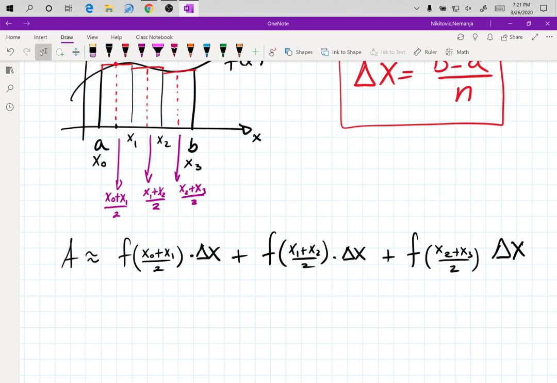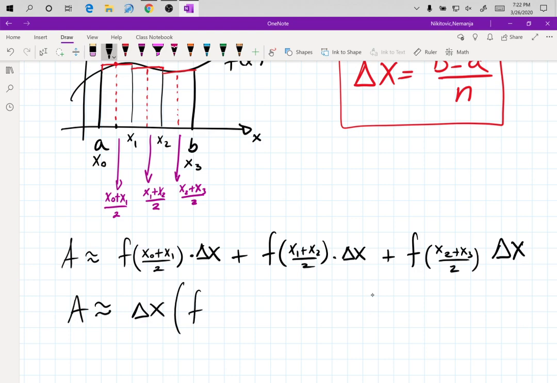So that's why it's called the midpoint. All of these are midpoints. We are calculating function at those midpoints. That will give us the height of the rectangle, and then all you need to do is to multiply by delta x, and you have area. So now, area will be approximated. We can factor out delta x. That's the same for all of these.